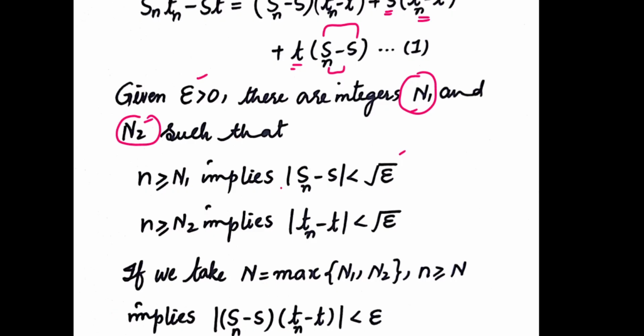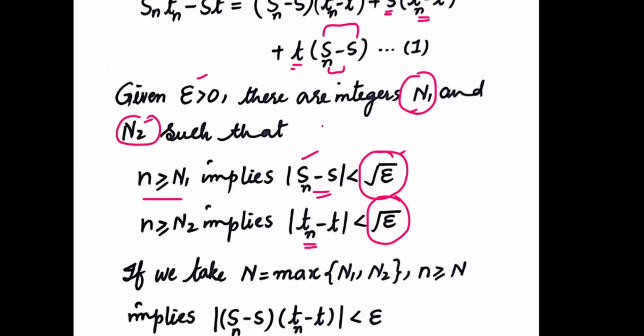Firstly, when we use the convergence of Sn, then for all n greater than or equal to n1, this should be less than some positive real number epsilon, and I am choosing my epsilon in the form of square root epsilon. Similarly, for this sequence, I am again choosing my epsilon in the form of square root epsilon.